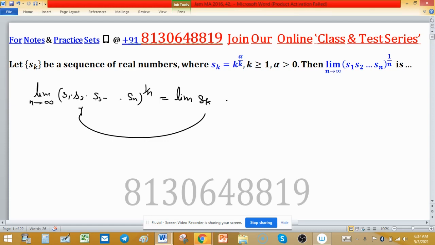So this one equals limit of Sk, and we use this concept by Cauchy second theorem on limit.